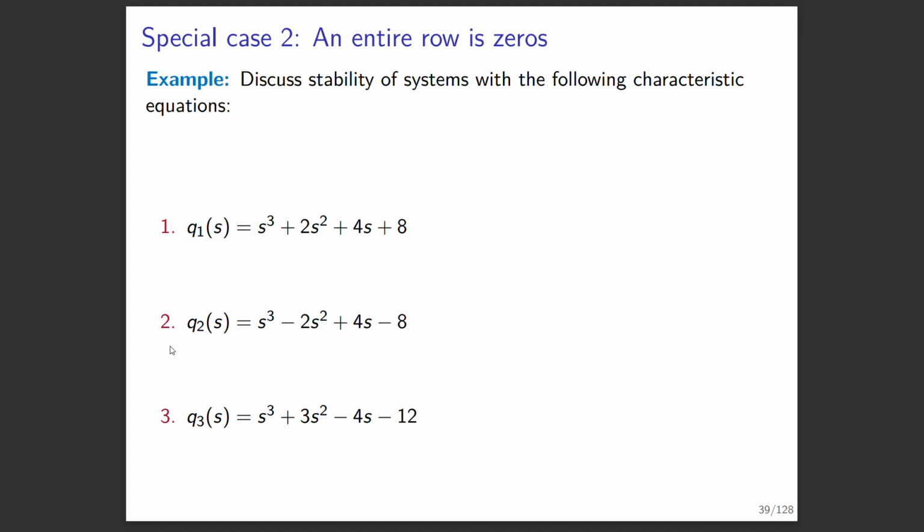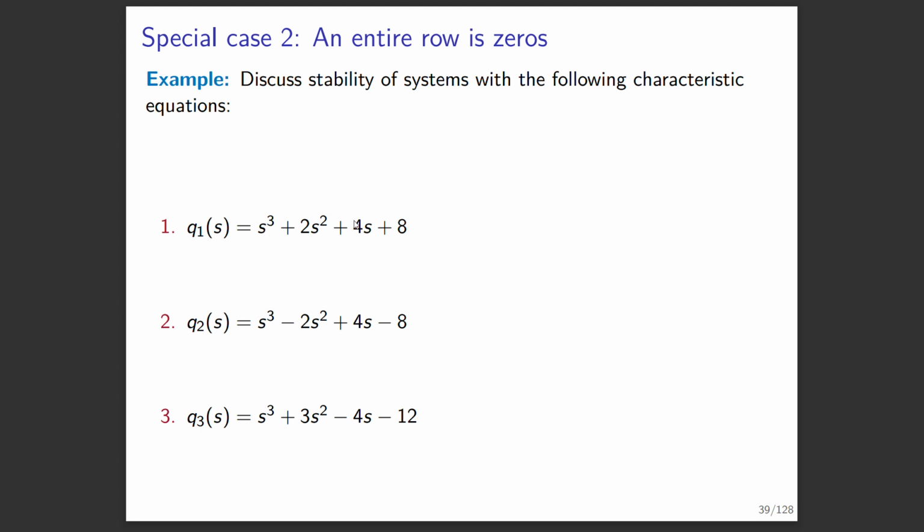So I have these 3 examples. Discuss stability of the following characteristic equations. Let's look at Q1. Q1 is s cubed plus 2s squared plus 4s plus 8. When I make the table, in the first row I'm going to have 1, 4.